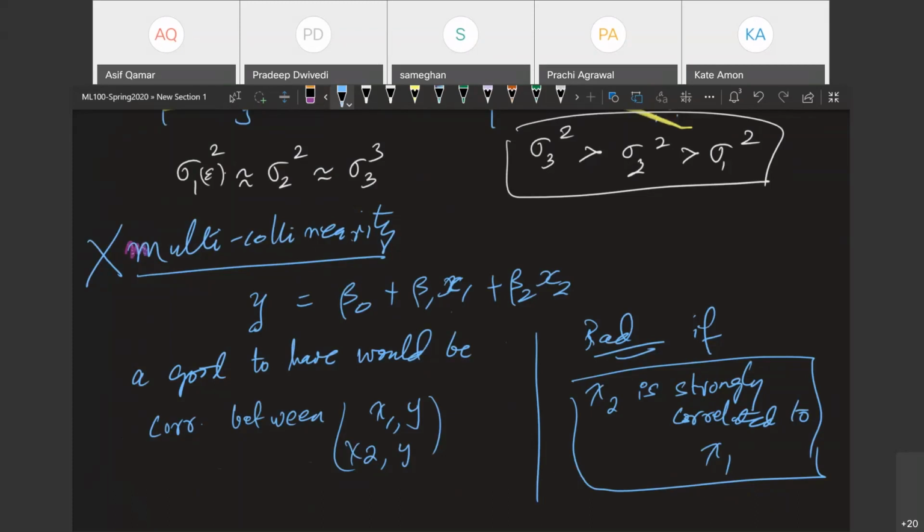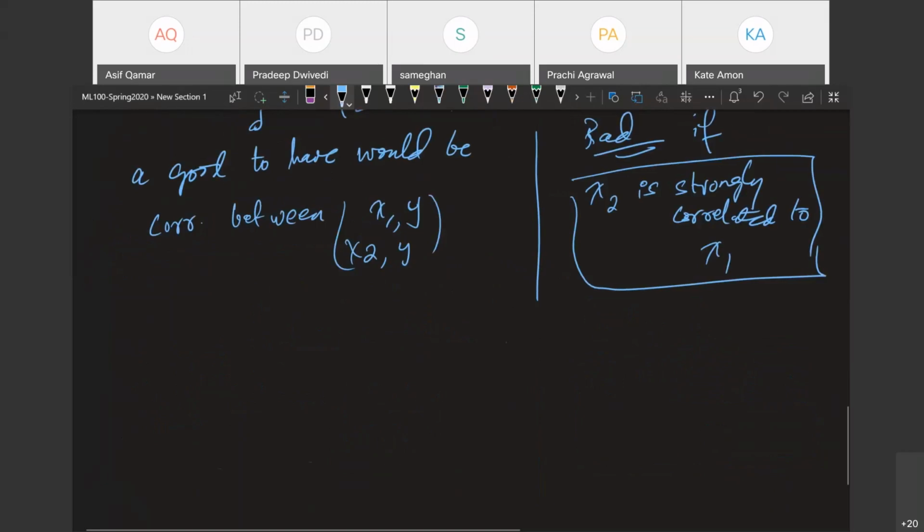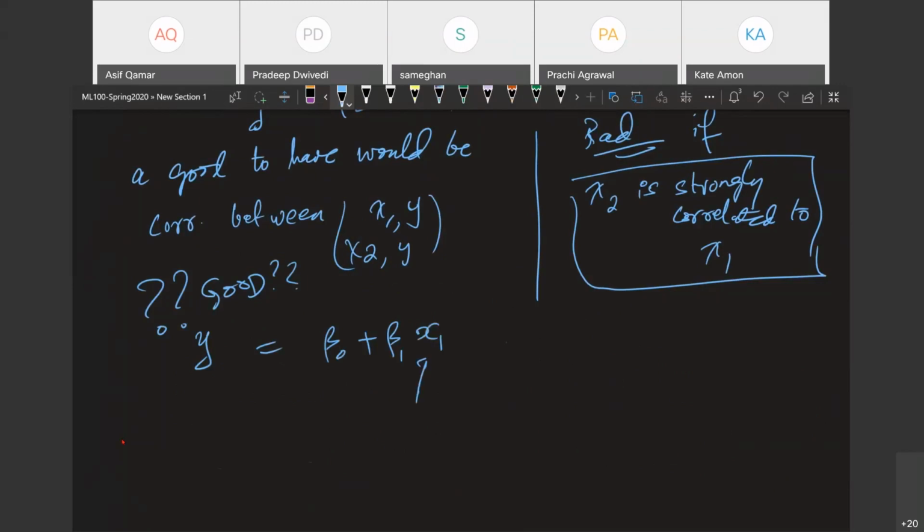Would you rather that we wrote an equation like this? Y is beta naught, plus let's say beta 1 times x1, which is the wind speed, plus beta 2 times x2, which is temperature in degree Celsius, and then temperature in degree Fahrenheit.